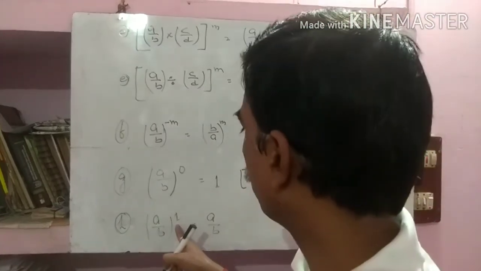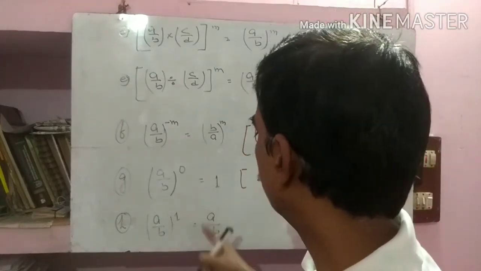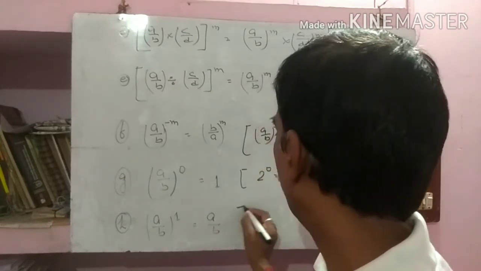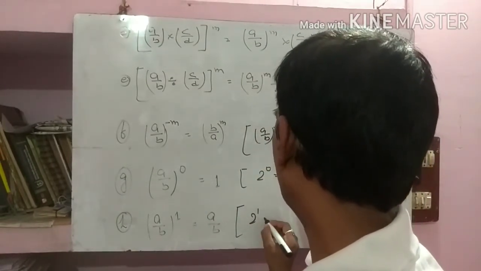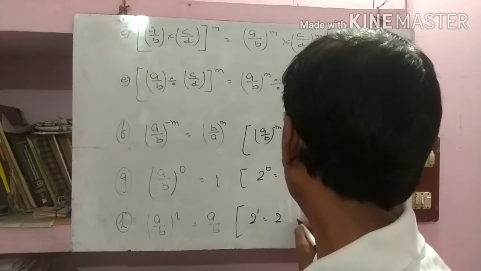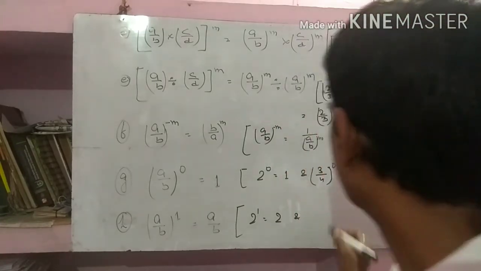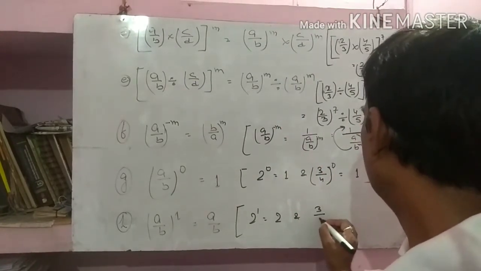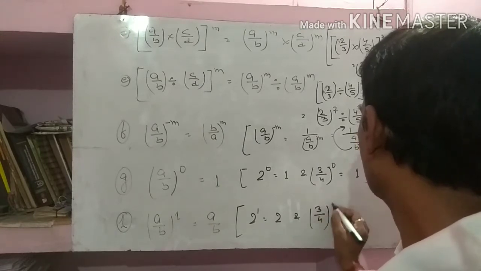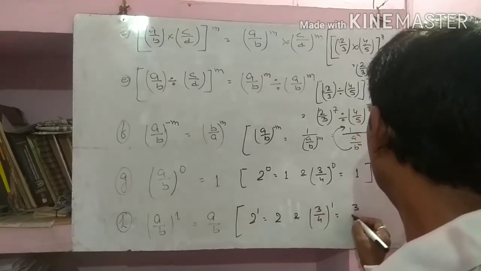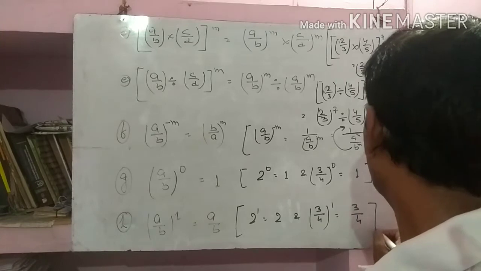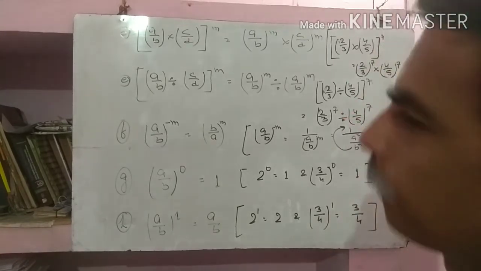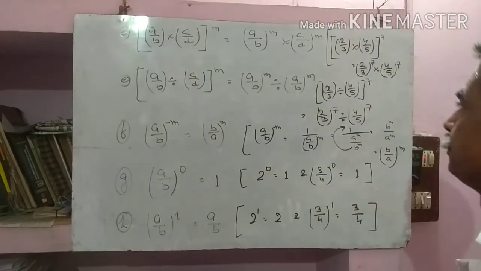If the base is to the power 1, then the result will be itself, as 2 to the power 1 is equal to 2, and (3/4) to the power 1 is equal to 3/4. Okay. So write this one also.